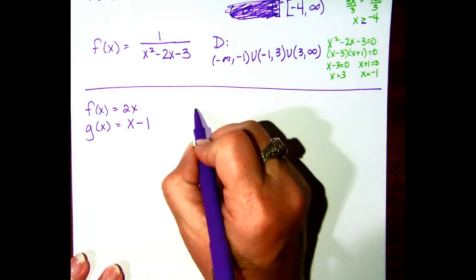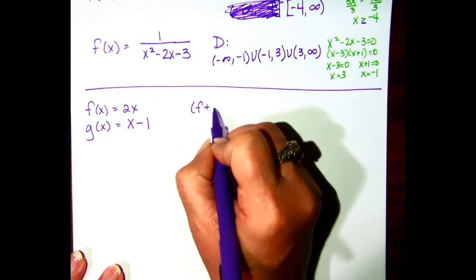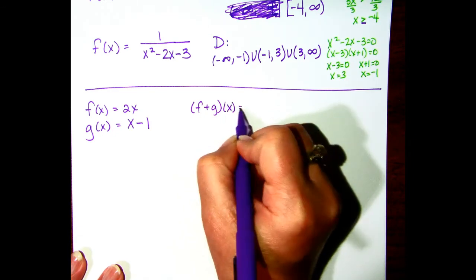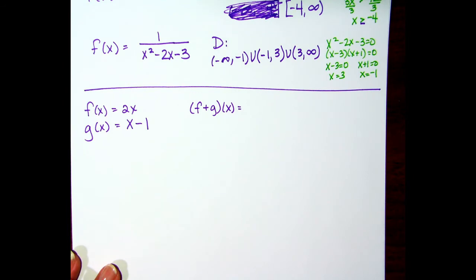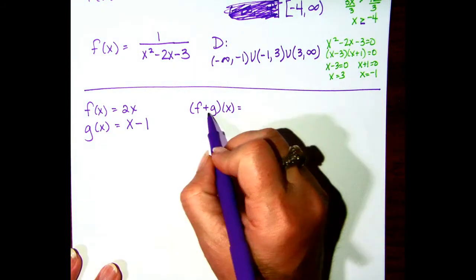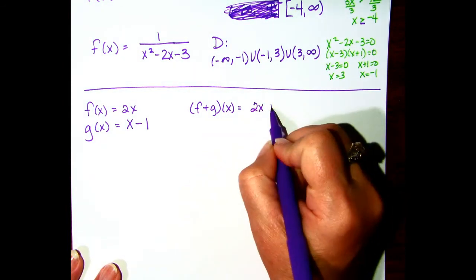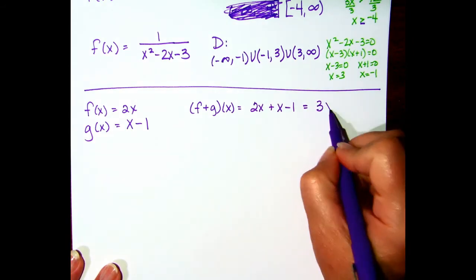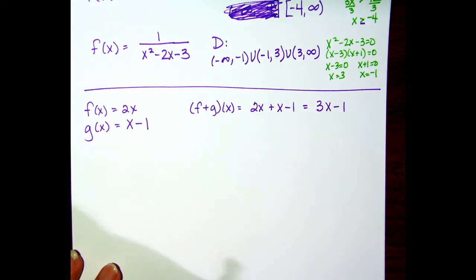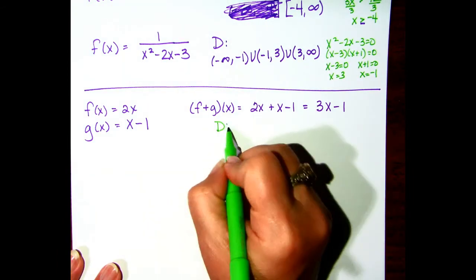First thing you have to be able to do is find f plus g of x. What do you want me to do with those two functions? So 2x plus x minus 1. 3x minus 1. What's the domain of that function?